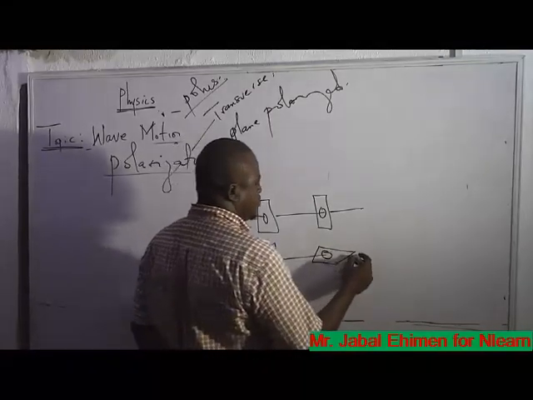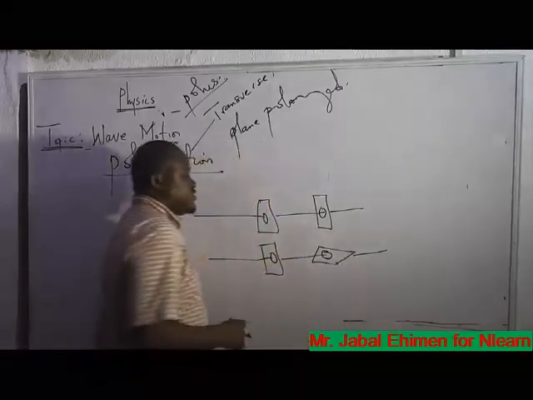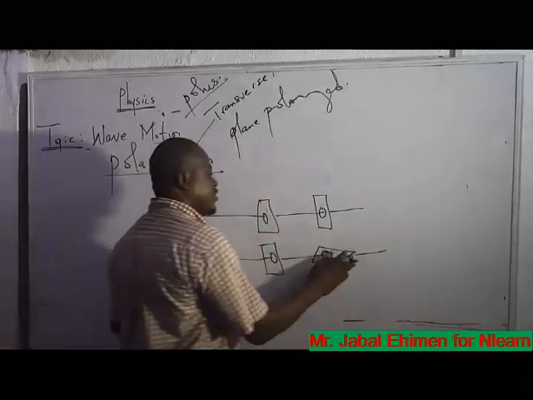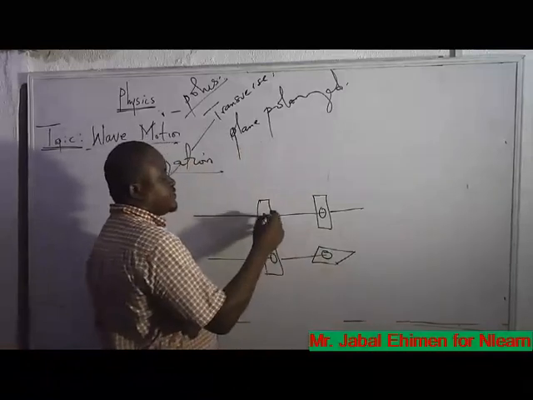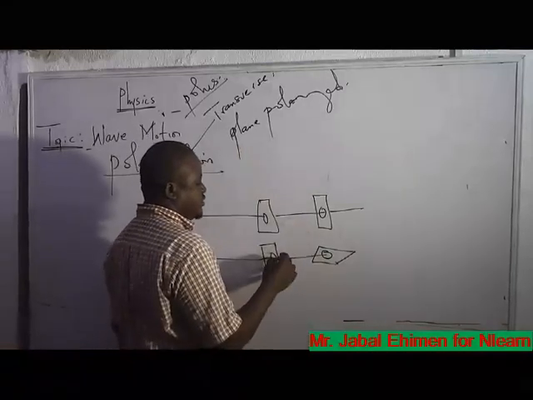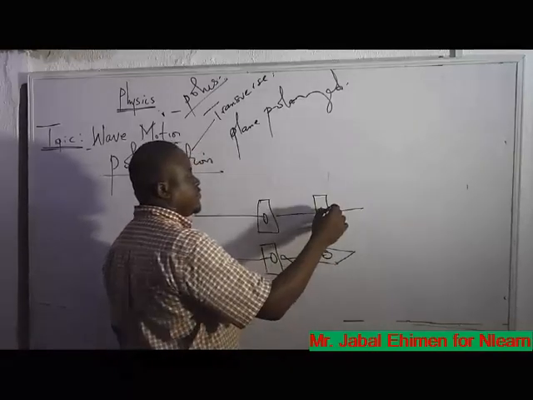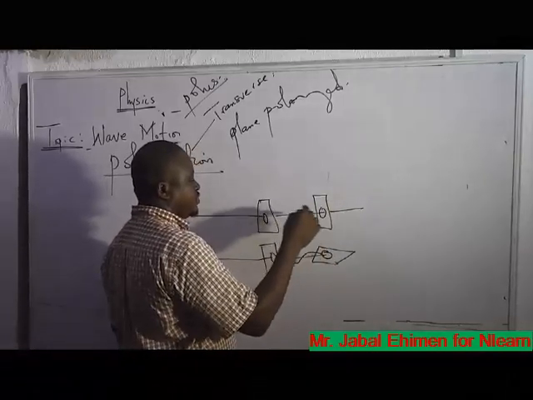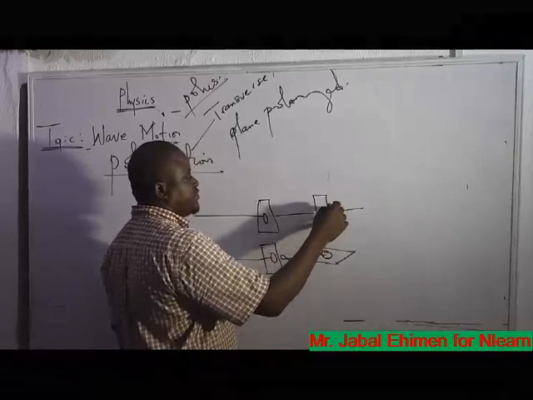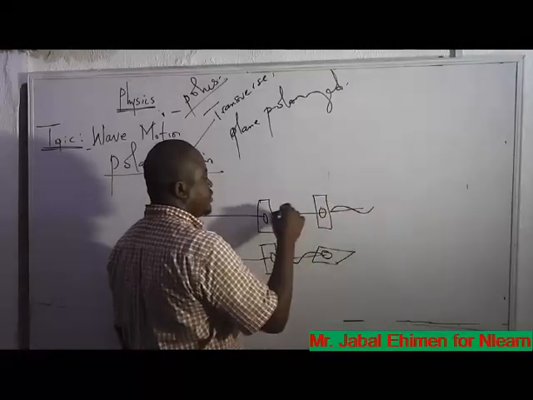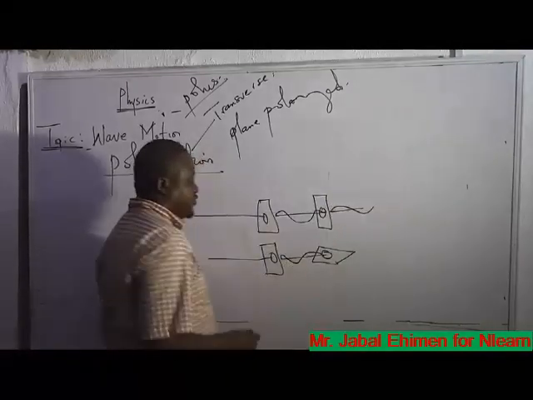What you have done is that you observe this light was passing through initially. What you have now is something of this nature.